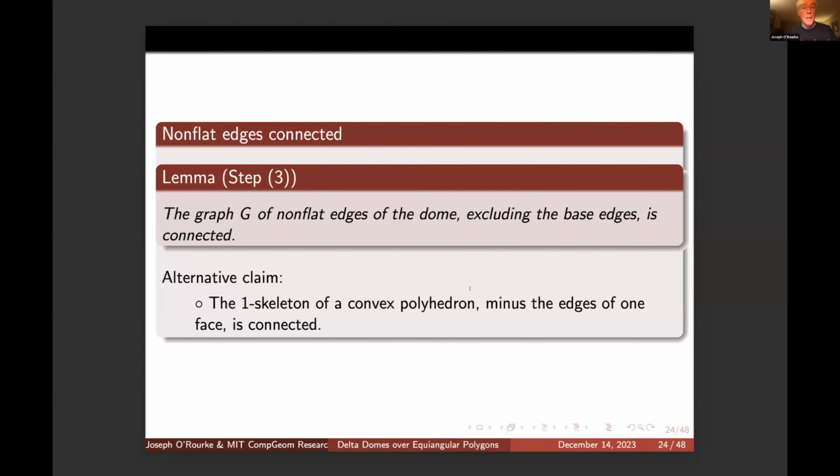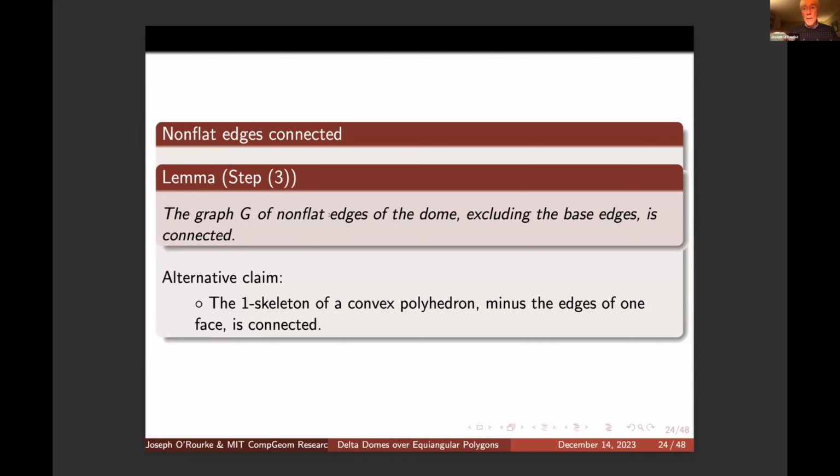Step 3 is that the graph of non-flat edges of the dome, excluding the base edges, is connected. Now, why non-flat edges? Because we can have coplanar triangles. We've already seen that in the hexagonal antiprism, where the top is made up of 6 coplanar equilateral triangles.